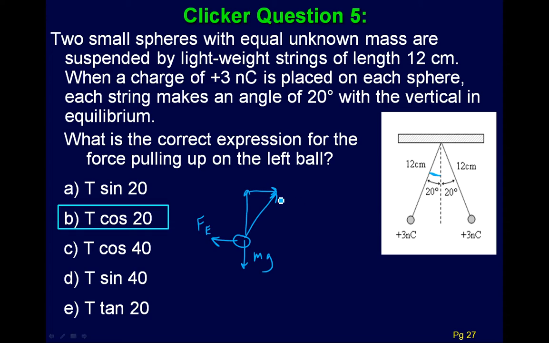The angle we're given is 20 degrees, which means this one in here is 20 degrees as well. This is my tension, so this one over here would be tension sine 20 degrees, and the one we're looking for, the one pulling up, would be tension cosine of 20 degrees, just like we got there.